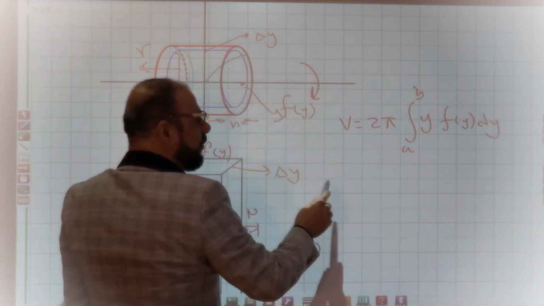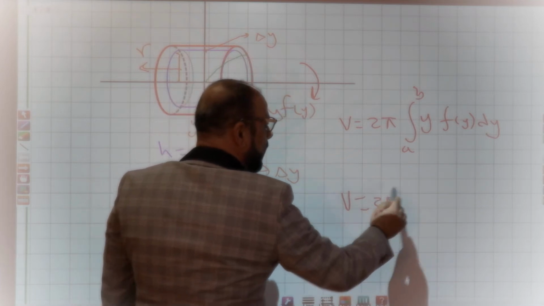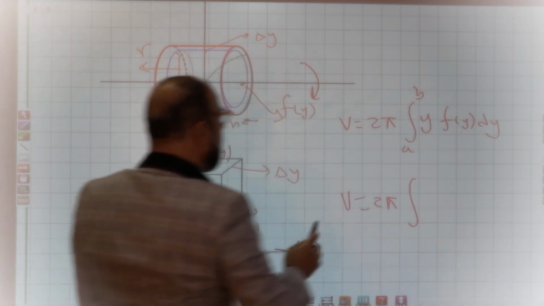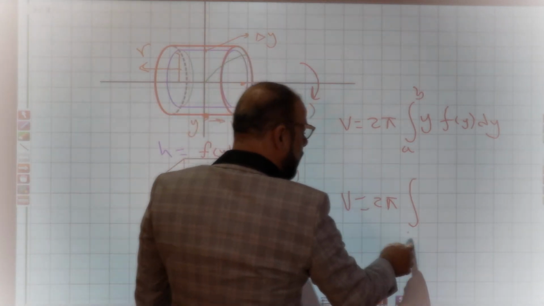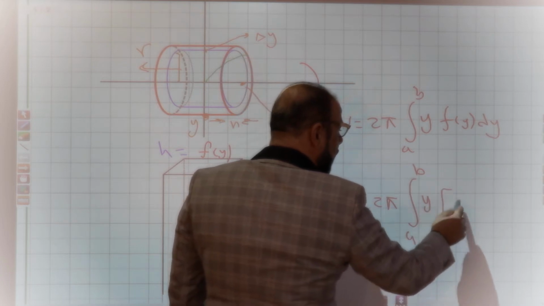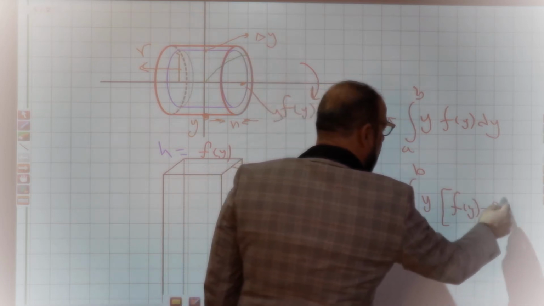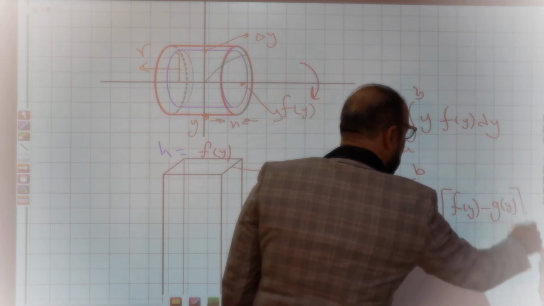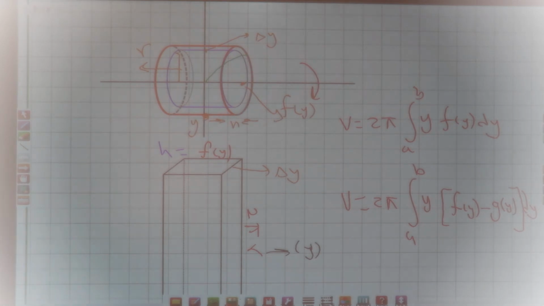If we have more than one function, the volume equals 2 pi, and remember, y is the radius, integral from a to b of y times the function on the top minus the function on the bottom, dy. We always start with the function on the top. These are the two rules to find the volume of a solid.